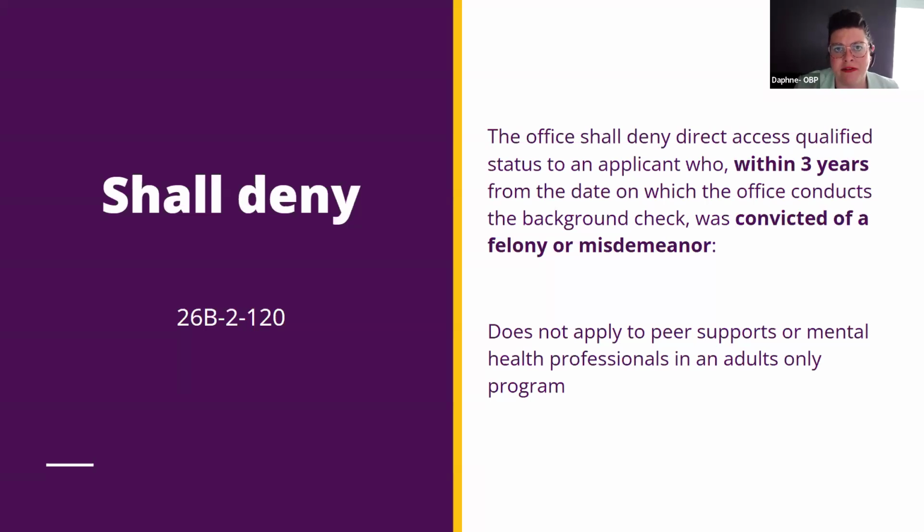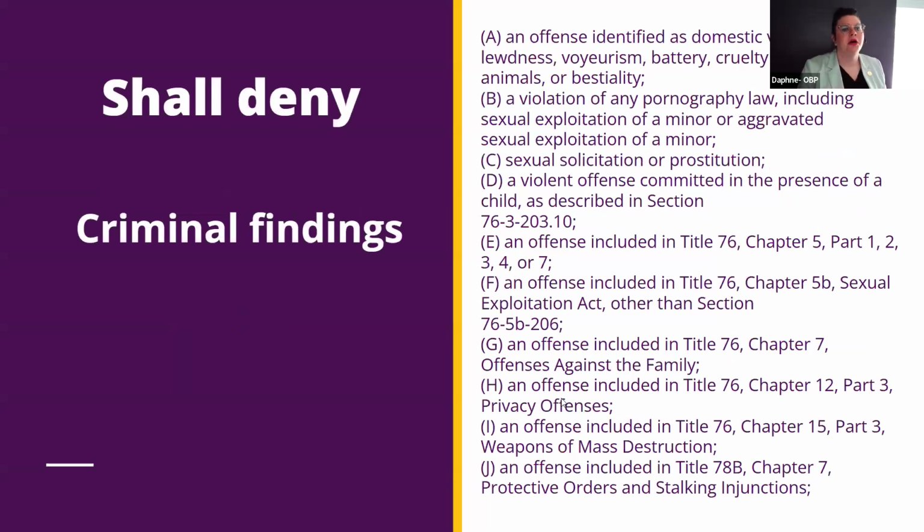It's the severe offenses, and we'll go over those in detail in just a minute. With these shall denies, there is a small caveat: if they are applying as a peer support or mental health professional in an adults only program, this does not apply. But these offenses really are what we call offenses against a person.